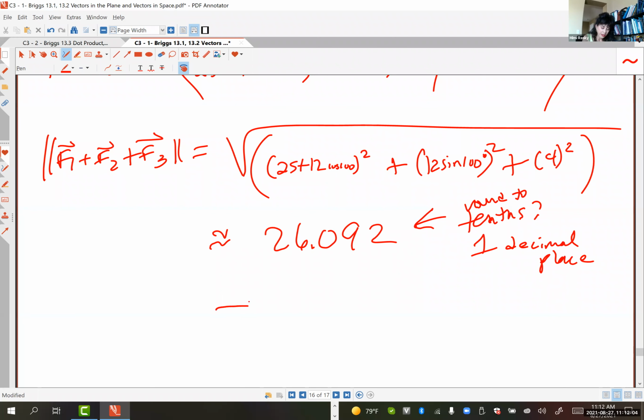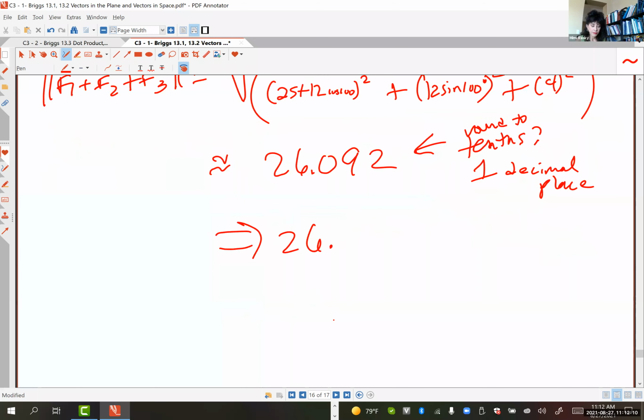So if I were to round this to one decimal place, I get 26.1. And then I need units. Are my units pounds, miles, meters, square inches? Newtons, right? Good. Big N, short for newtons. And I'm done with this problem. Yay! So the resultant force is 26.1 newtons.